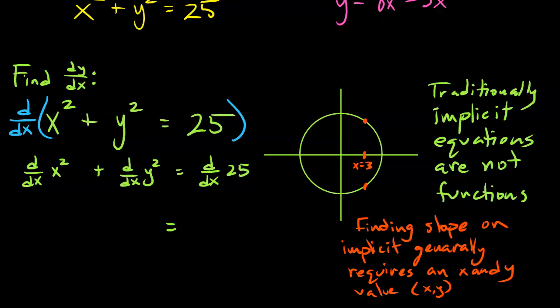Now the derivative of a constant, that's one of the normal properties, that's 0. The derivative of x squared is absolutely something we've done a lot of. That's 2x. What we haven't done is taken the derivative with respect to x of a different variable. And that's where this is going to be different. So if it's the same variable, that's not really an issue. Taking the derivative with respect to x of an x is normal.